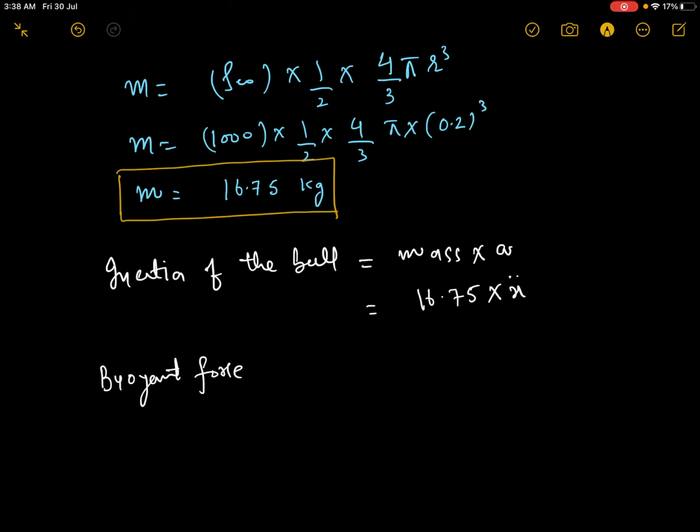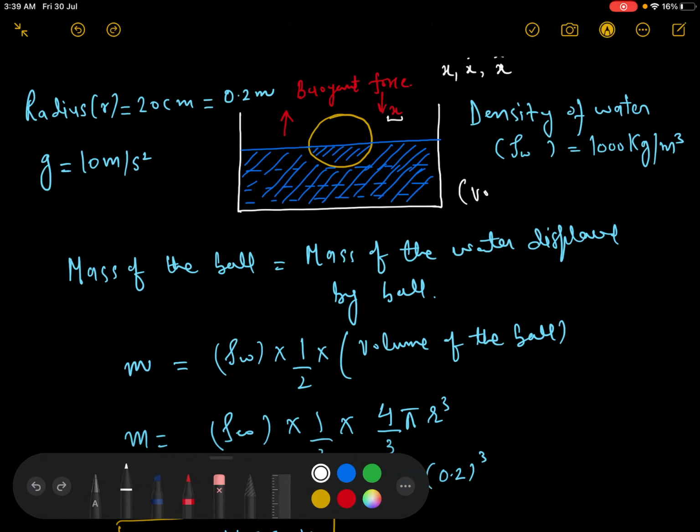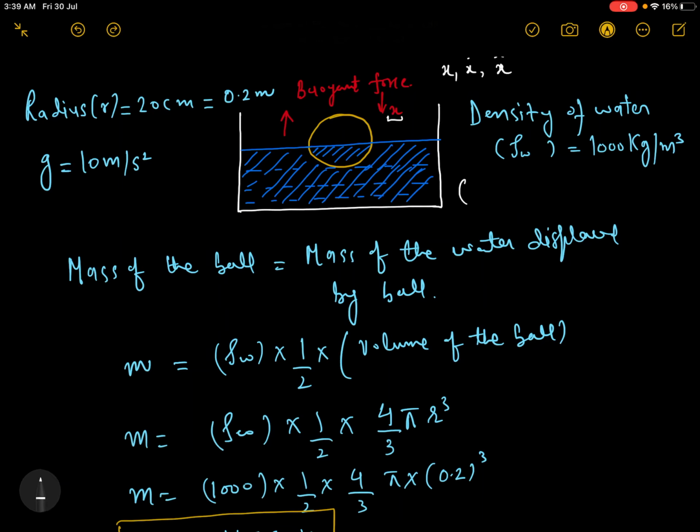Every time, remember that whenever there is a body that is submerged in water or in any fluid, the buoyant force will always be equal to the weight of the volume displaced.